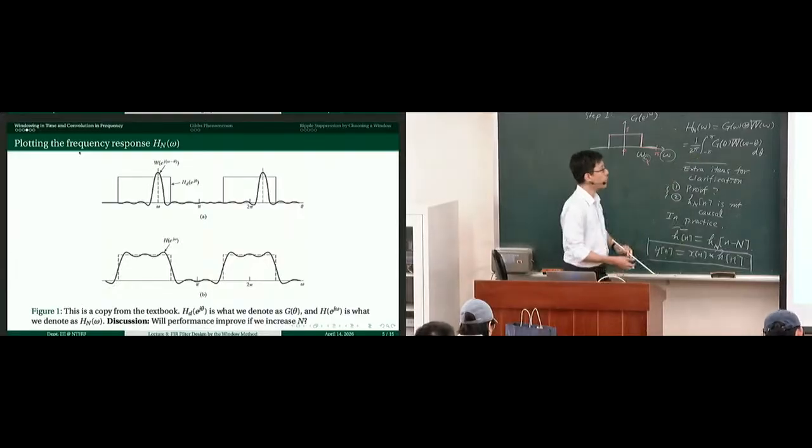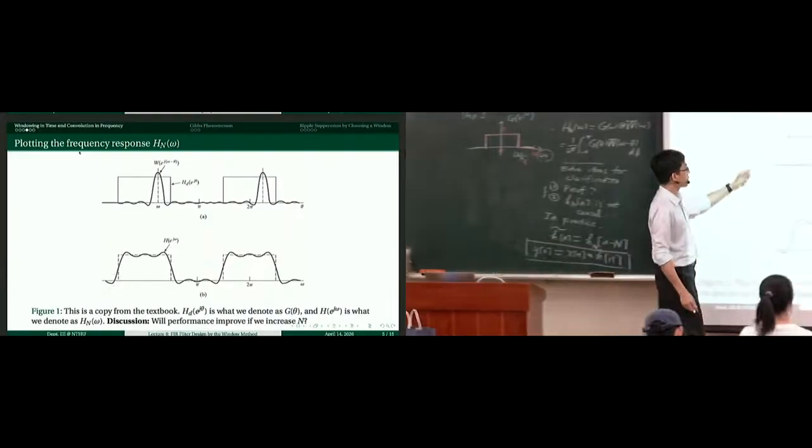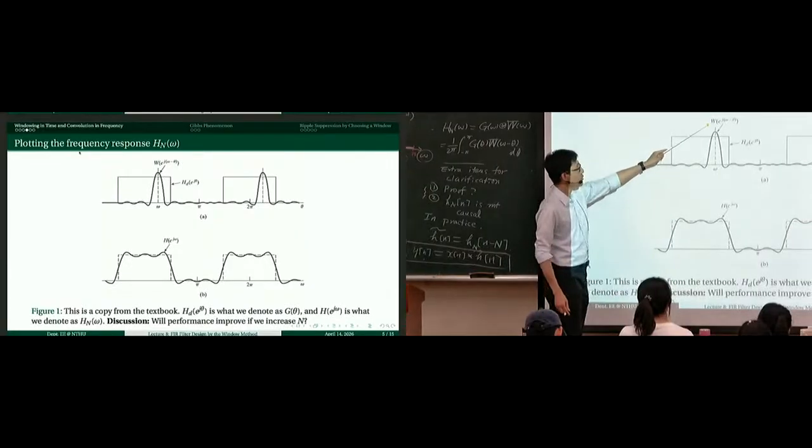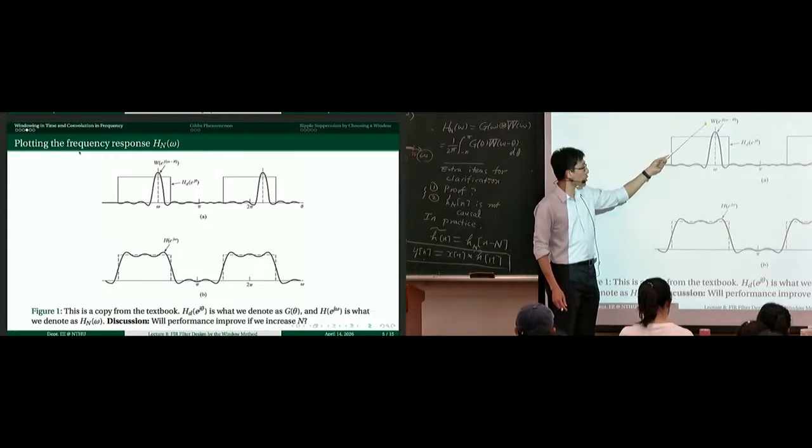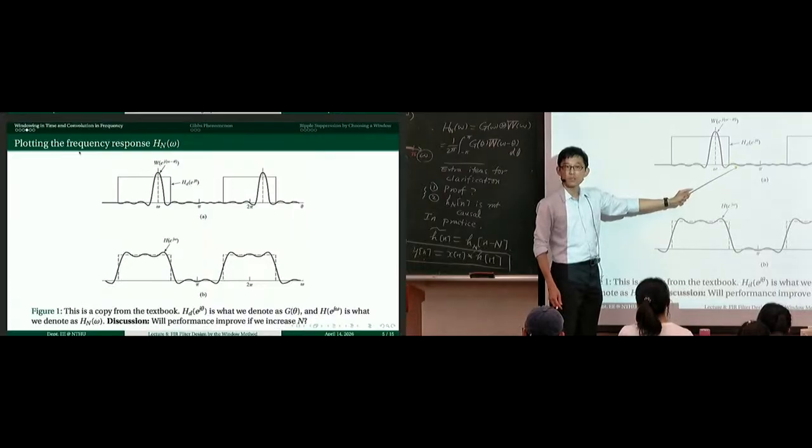What will happen when we convolve the ideal response with the Fourier transform of W? On this page, you are looking at the Fourier transform of W. And this is super confusing, I claim to you.